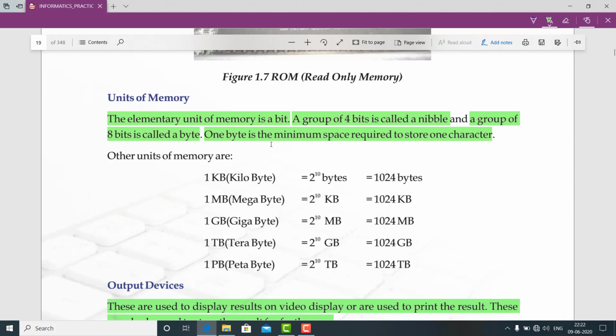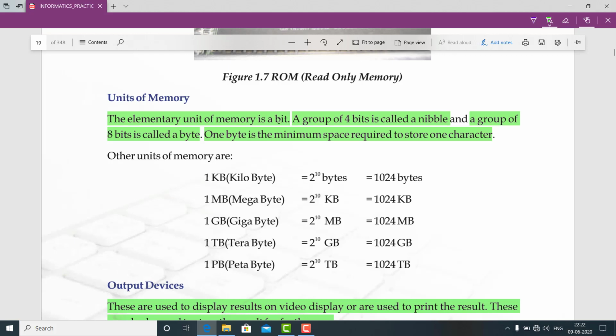So what is a bit? A bit is actually a binary code. You know that the computer only knows binary numbers, that is 0 and 1. That is a binary number, 0 and 1. So if 0 is stored in a cell, that is called a bit.